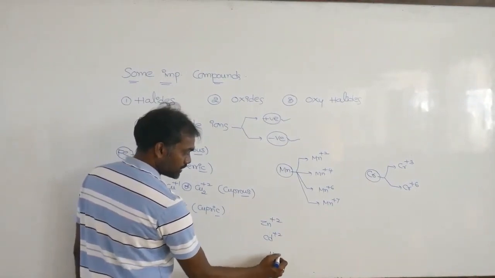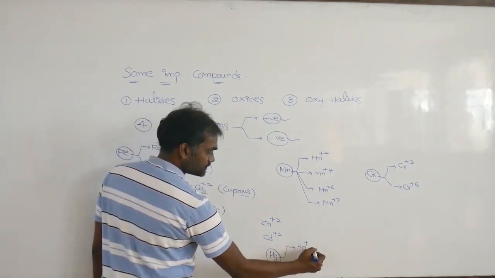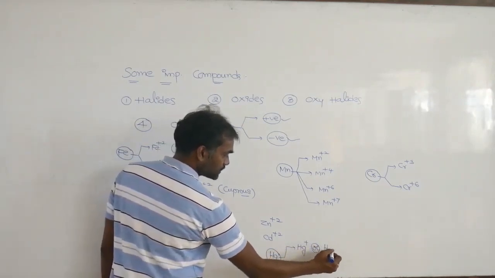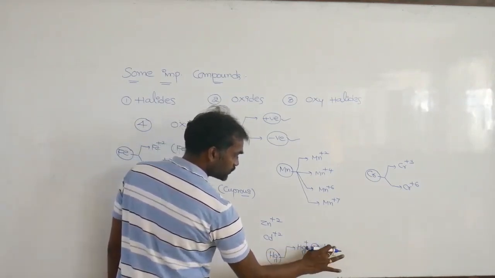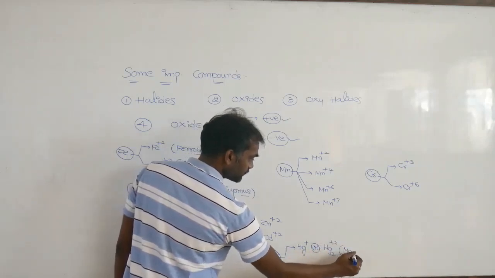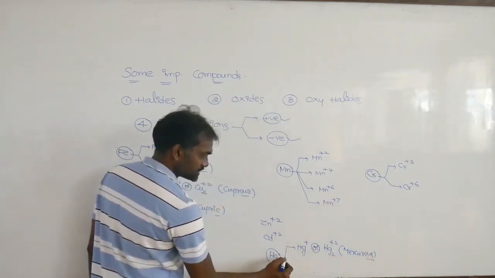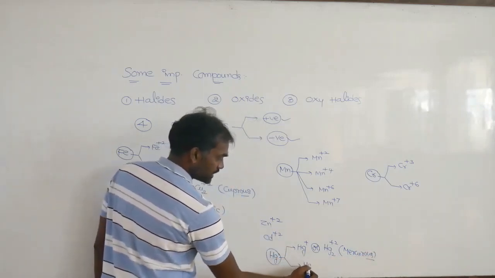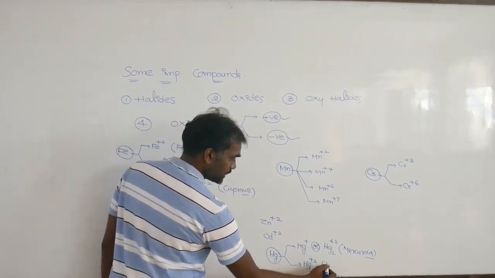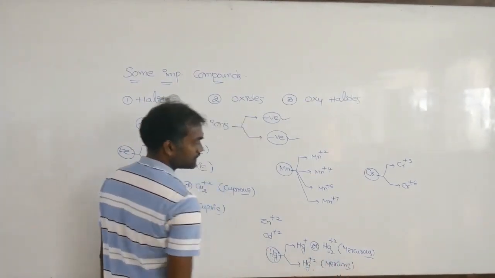Mercury, two types are there. Mercurous is also represented as Hg2 plus 2, the lowest oxidation state, -ous. Next, Hg plus 2 is called mercuric, the highest.